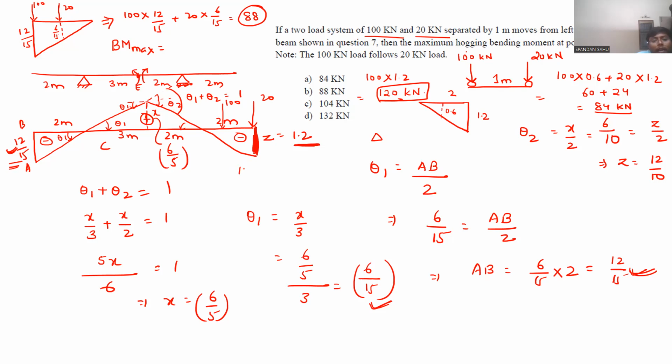So it will be 100 into 6/5, and 20 kilonewton on the right side. So 20 into, in 2 meter lift is 6/5, in 1 meter lift will be 3/5. Check this value.